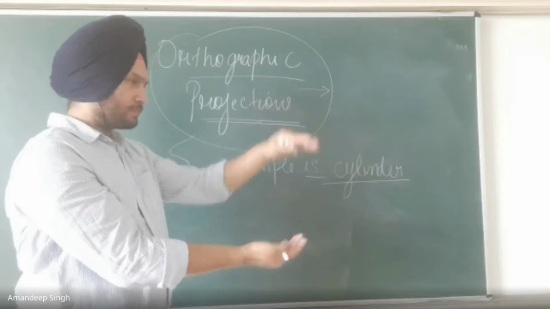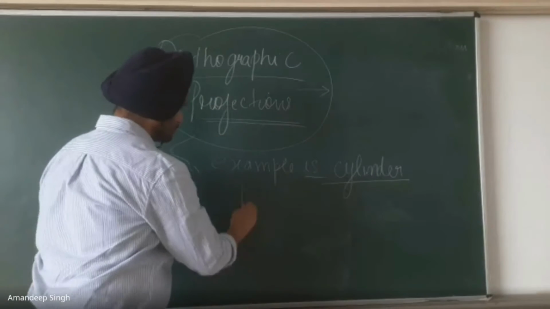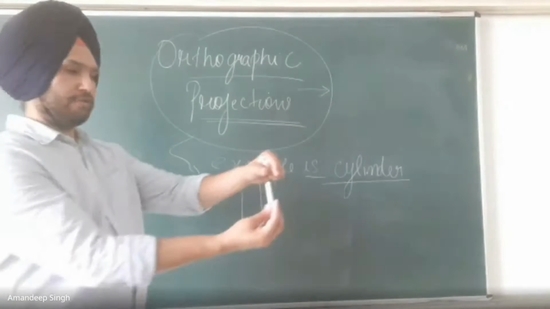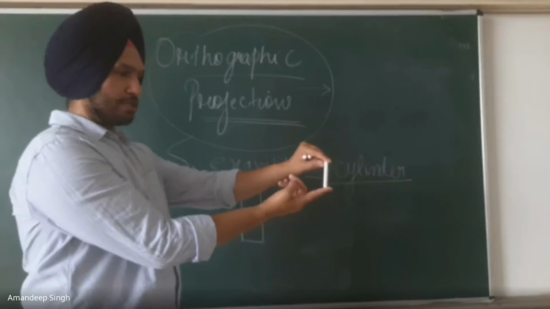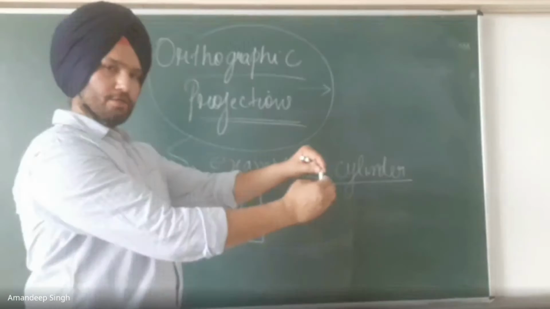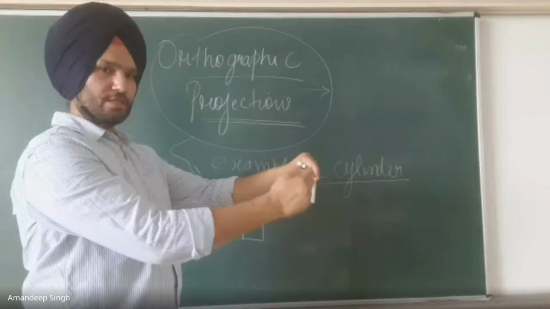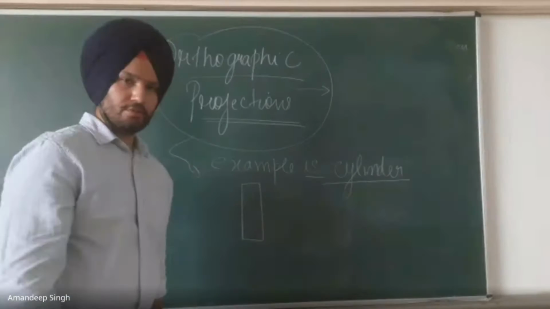It will be a rectangle. If I assume this chalk to be a cylinder, its front view will be in the shape of a rectangle because I can see the boundary of the cylinder in the form of a rectangle.